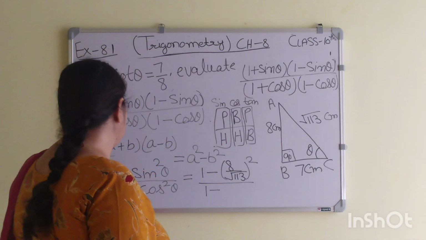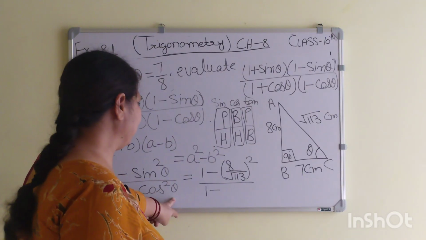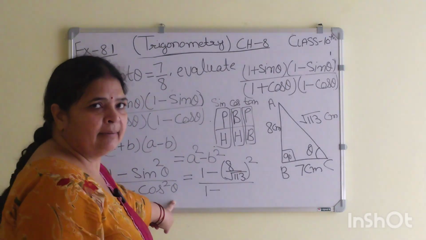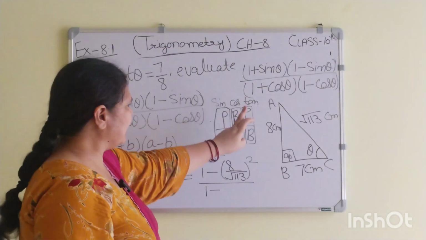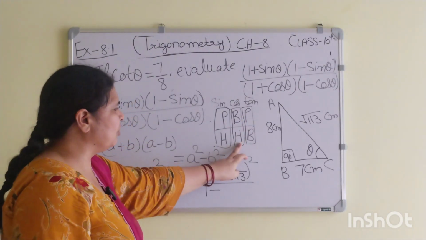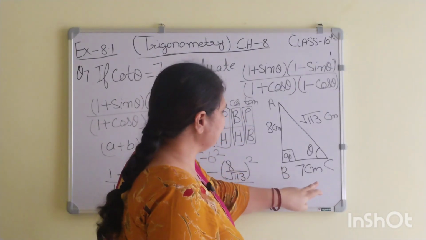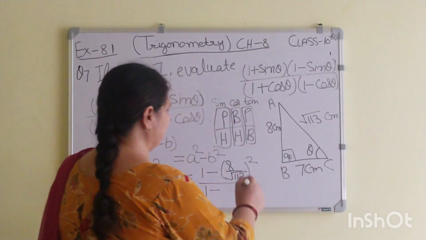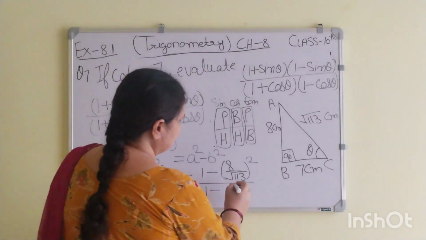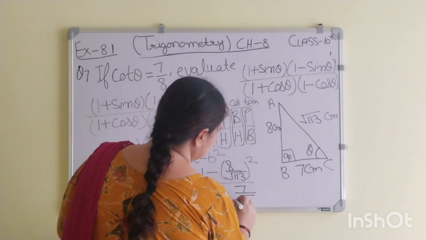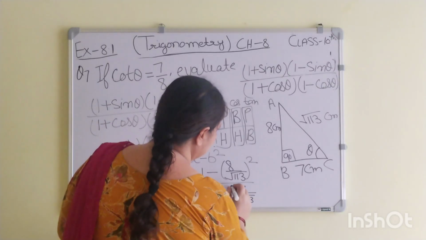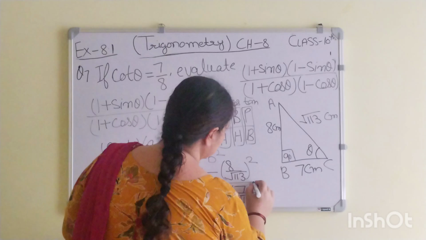Now find the value of cos theta. Cos theta is base upon hypotenuse. So here BC is the base. The value of cos theta is 7 upon hypotenuse, under root 113 whole square.